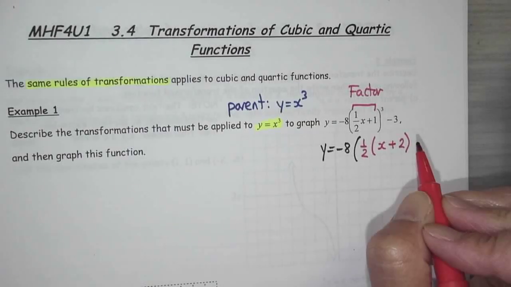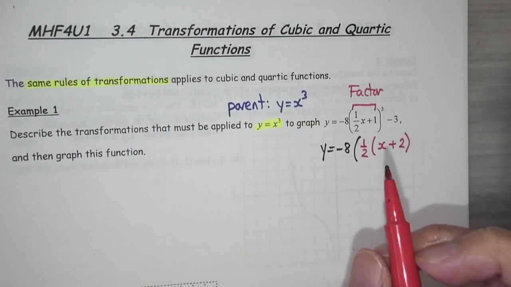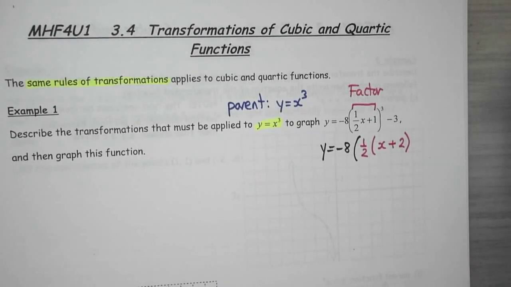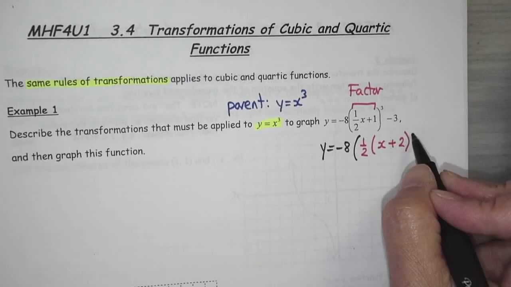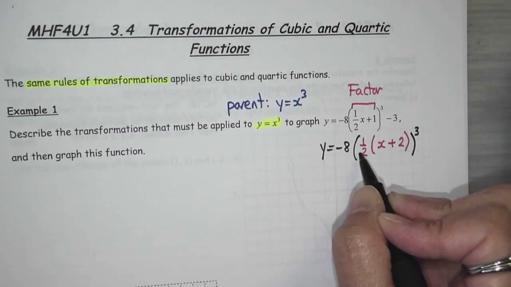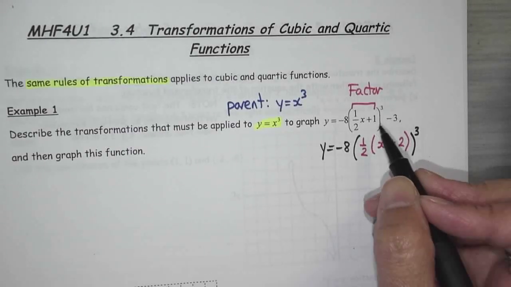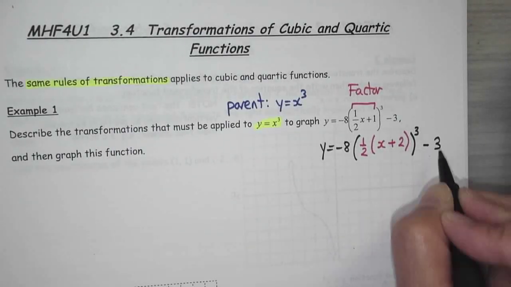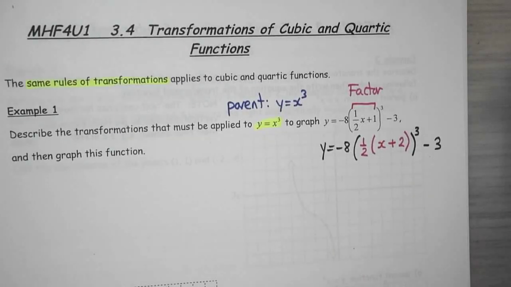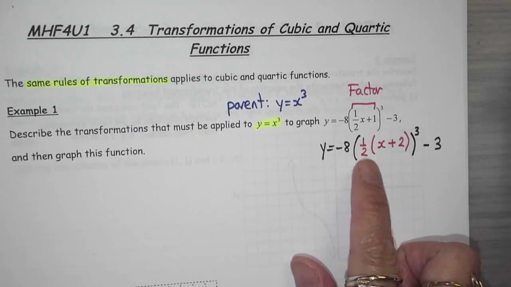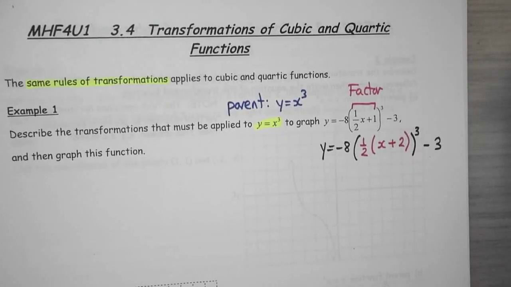You can do that on a calculator, or think about that in your head: 1 divided by halves, you get 2 of them. When you check it, you can check it in your head as well. You can go 1/2 times 2. So when you do the distributive, 1/2 times 2 gives you the 1. So whenever you're factoring, you are always dividing by the coefficient. So that 1 divided by the 1/2 gives me 2.